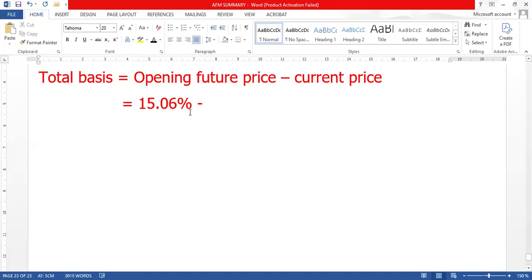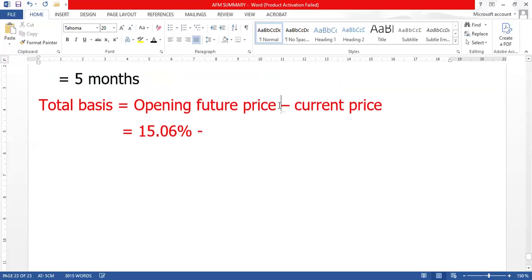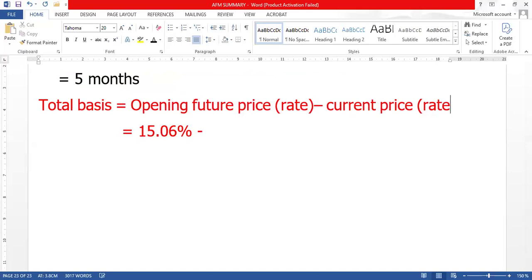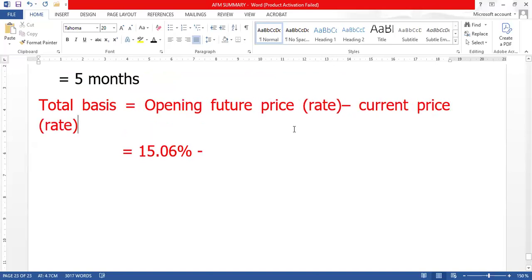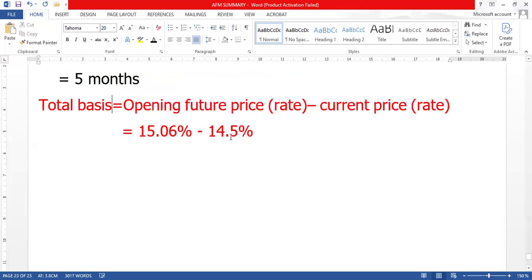Then currently the rate is 14.5. So what do you get? We get 0.56, 0.556.